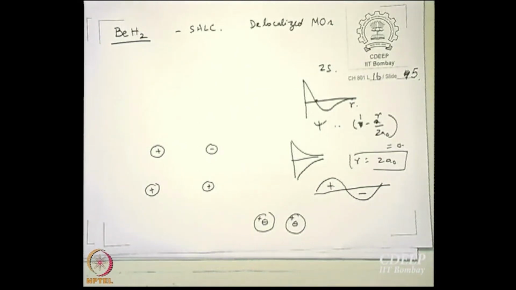All right. So, in fact, this node in 2s has very important implications in your hybrid orbitals. Once again, I digress a little bit, but does anybody remember the shape exactly of the sp orbital? If I ask you to draw the contour for the sp orbital, what will you draw? I will draw it for you.